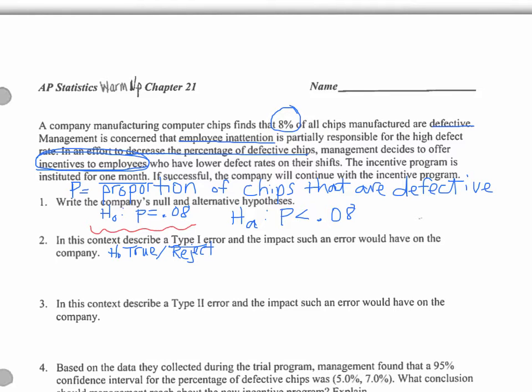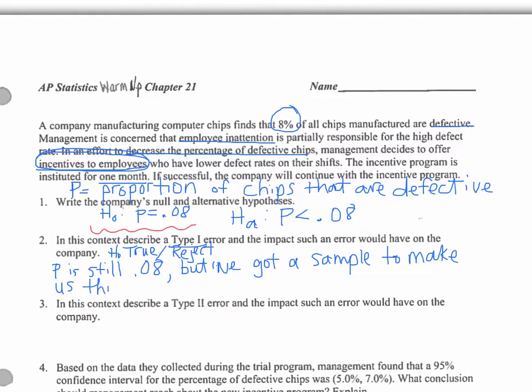So we'll say the P is still 0.08, okay, but we got a sample to make us think that P is less than 0.08.